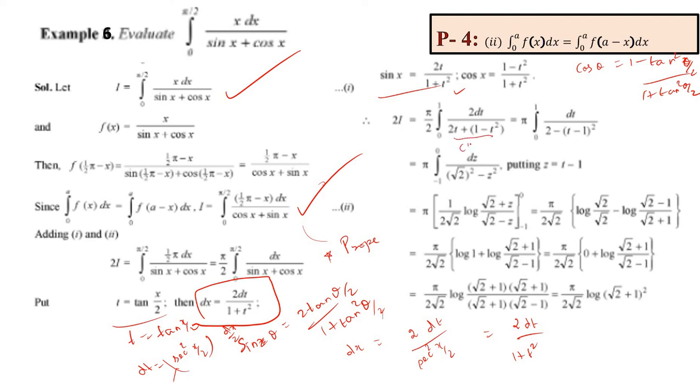So it will be like this, 1 plus t square and dt by 1 plus t square. So this and this will get cancelled, giving only 2 times dt by 2t plus 1 minus t square. We can cancel this 2 out, so that pi into integral 0 to 1, the limits.